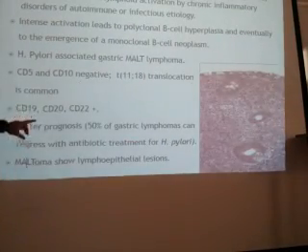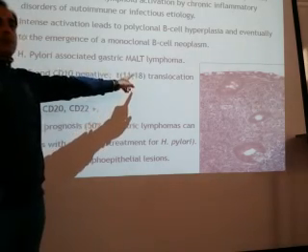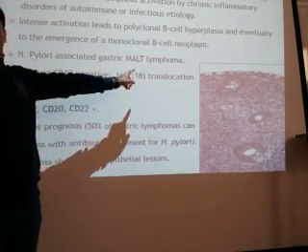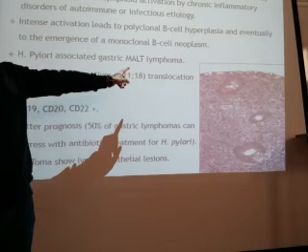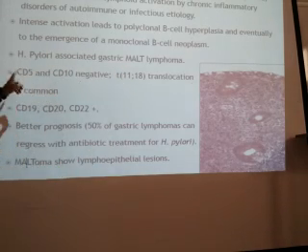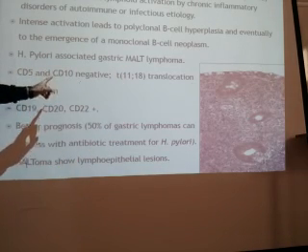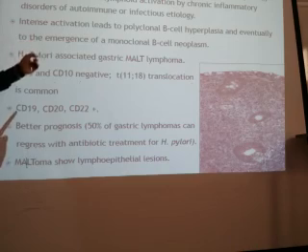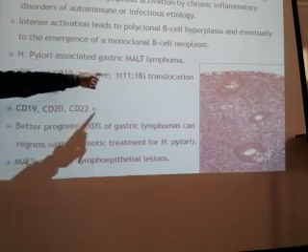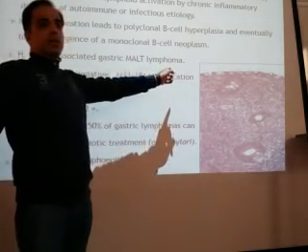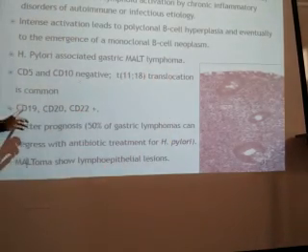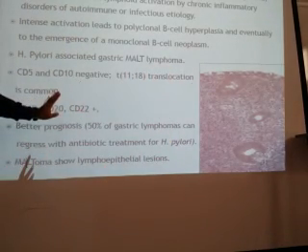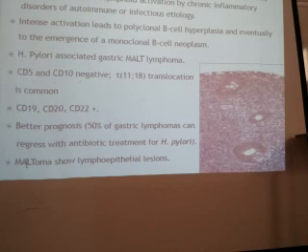But if there is the 11;18 translocation, which will occur with time, it will not respond to antibiotic therapy. So these are CD5 and CD10 negative, which helps to differentiate from mantle cell lymphoma. CD5, CD10 negative, and there is 11;18 translocation in this. CD19, 20, 22 positive. This is how you differentiate between them.